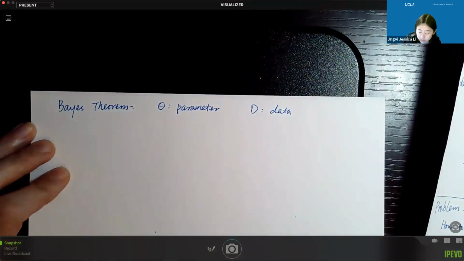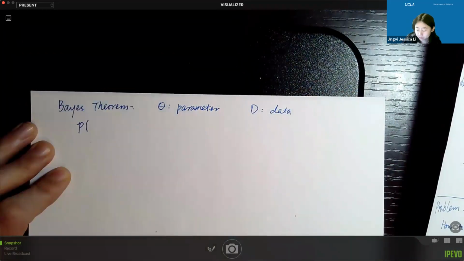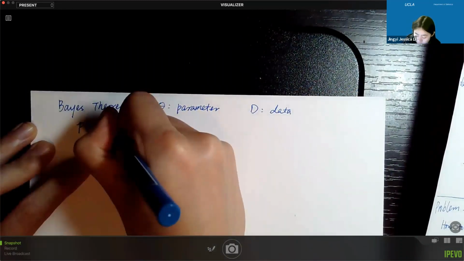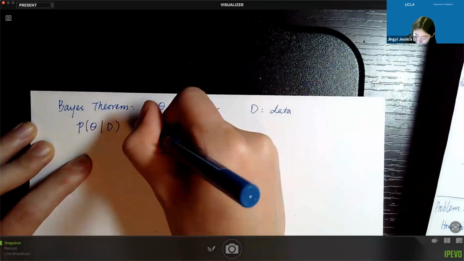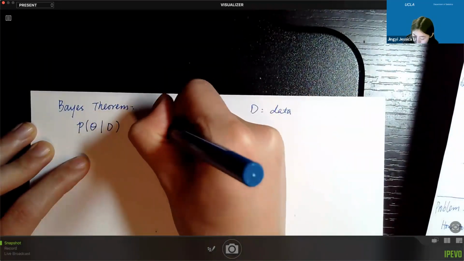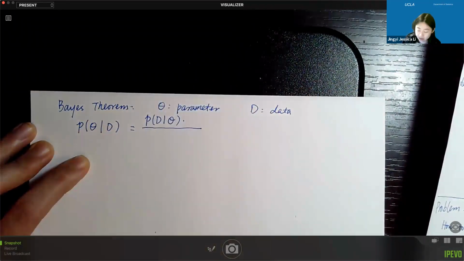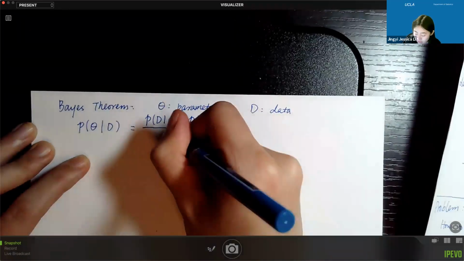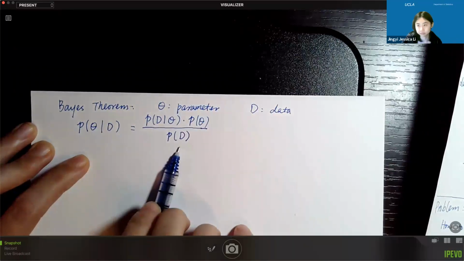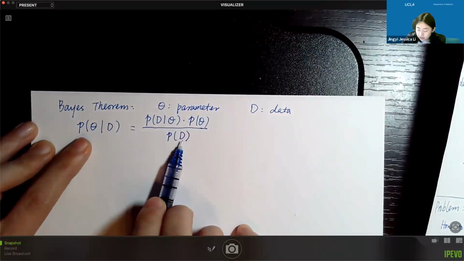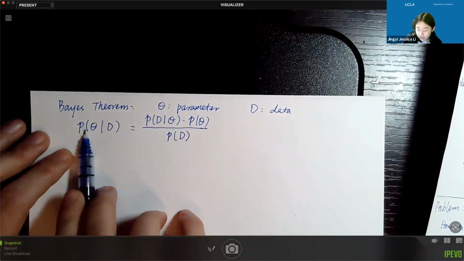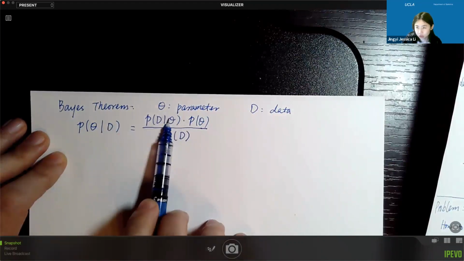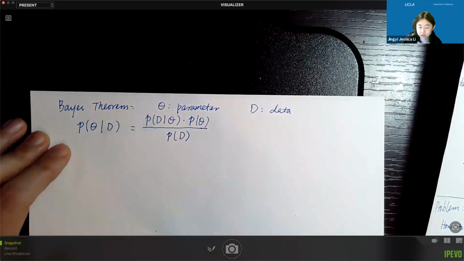Then the Bayes theorem is simply that the distribution of your parameter given your data is equal to the distribution of data given the parameter times the probability that the parameter takes this value, divided by the probability of the data, or the distribution of data. If you multiply P(D) to the left-hand side, it's basically conditional times marginal equals another way of conditional times marginal. So both sides are just the joint distribution.